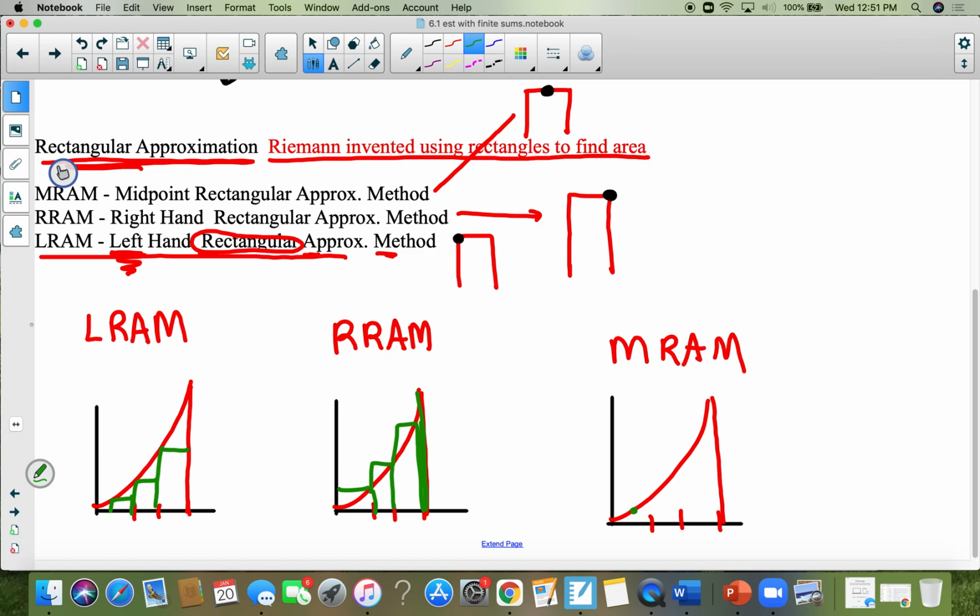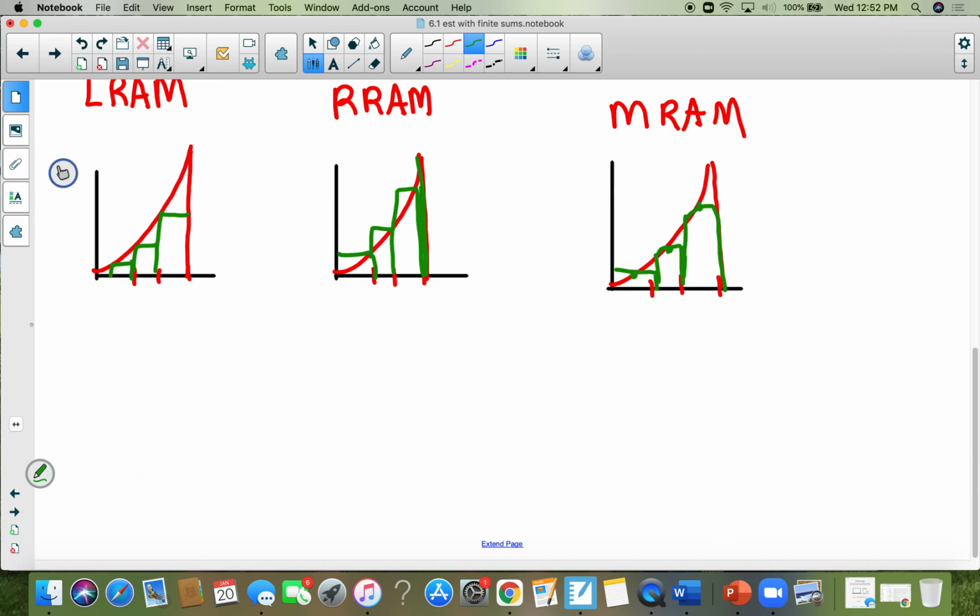I'm going to change it again. See that the middle of the graphs. So basically what they figured out by looking at the area, this is going to be an underestimate for the area, obviously, because there's gaps.